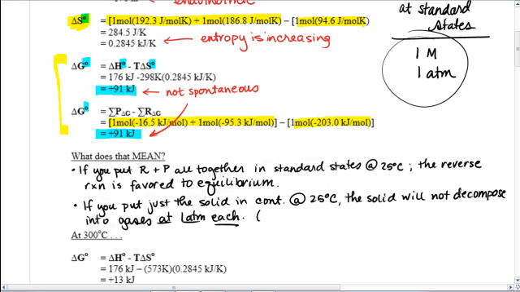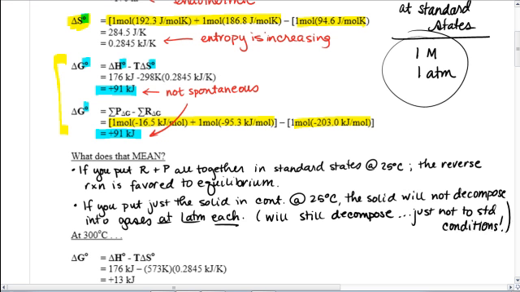But it will still decompose, just not to standard conditions. Later on, we will look at what it will do then, but we're not there yet. Okay? Questions?